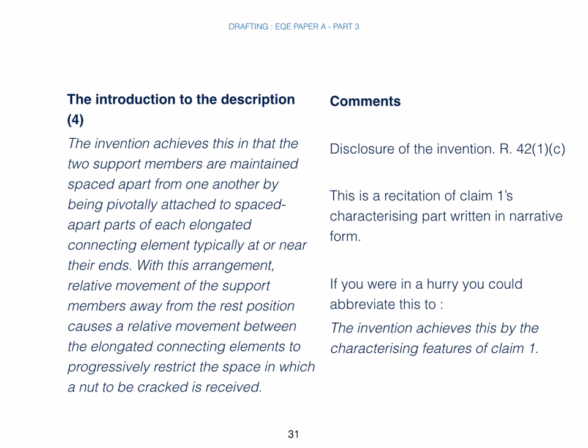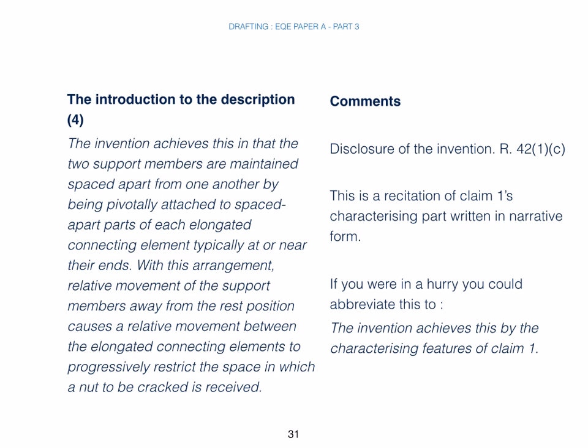Now, this is in effect a recitation of Claim 1's characterizing clause, written in narrative form in several sentences and interjecting things like typically at or near their ends. So it's quite good style when you're putting forward the statement of invention in the exam conditions to recite the claim but not to put it in verbally.